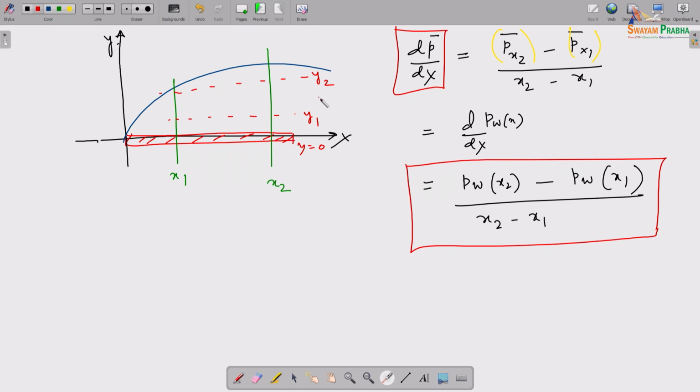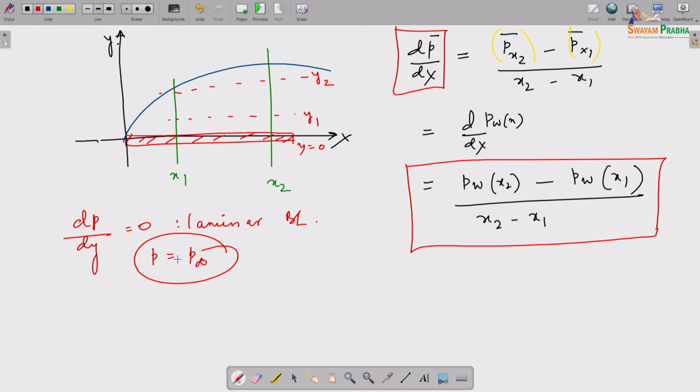Now, in the laminar boundary layer, we basically know that dp/dy is equal to 0. This is for a laminar boundary layer. And the pressure is actually equal to the free stream pressure. So if you have a free stream pressure here, that is going to be imposed onto the boundary layer and it does not change. Therefore, dp/dy is equal to 0.